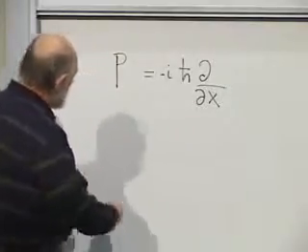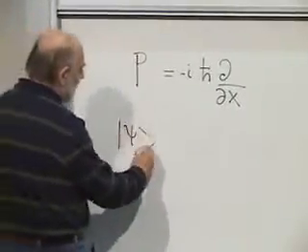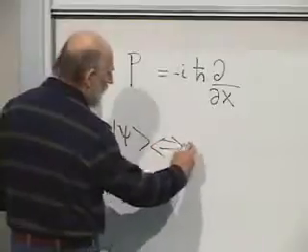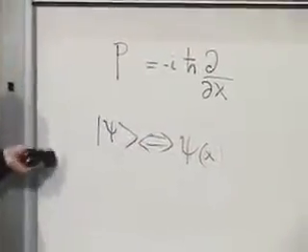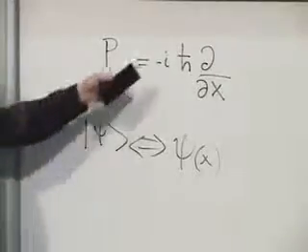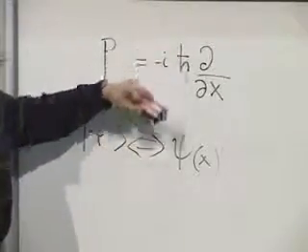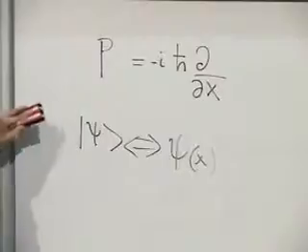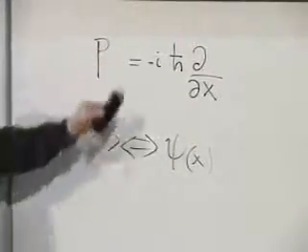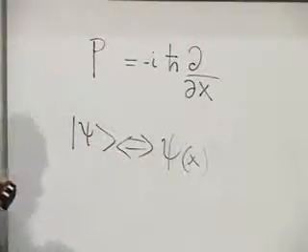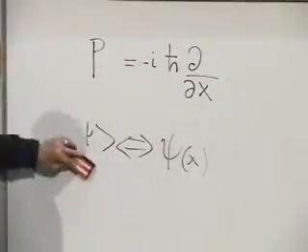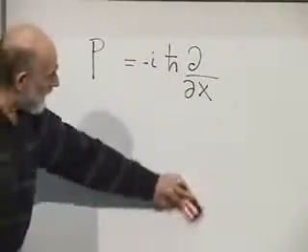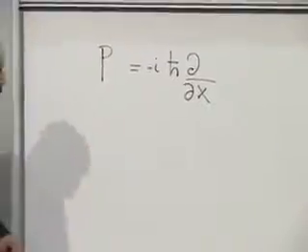There's a one-to-one correspondence between vectors and functions. And the things that you can do to a function are to differentiate it, multiply it by something, and so forth. So every operator corresponds to an operation that you do on a function. And this is the operation that you would do to define momentum.